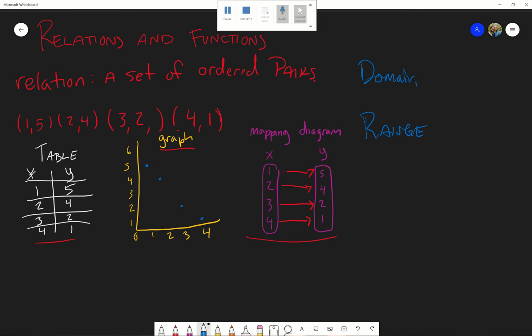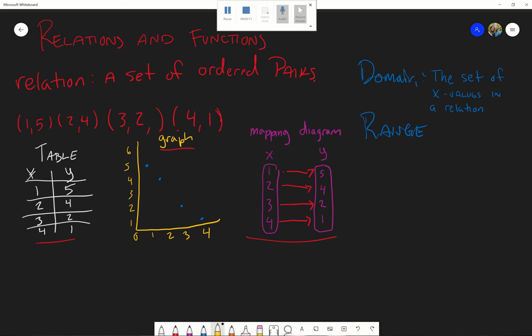All right, so the domain, this is the set of x values in a relation.